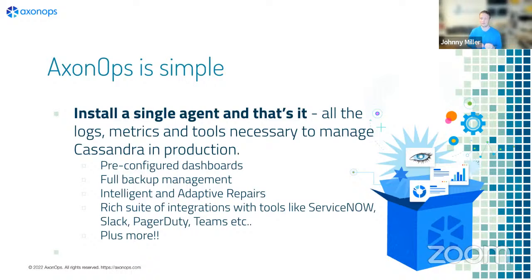We built this agent to be very, very efficient, with a very low footprint, because the other challenge you often get with installing all these things is that they start to compete for resources. So we put a lot of time into making the agent very small and very efficient, down to our own network protocol.